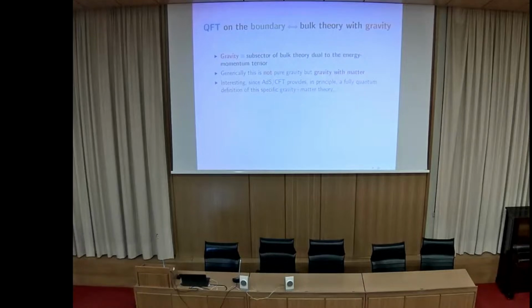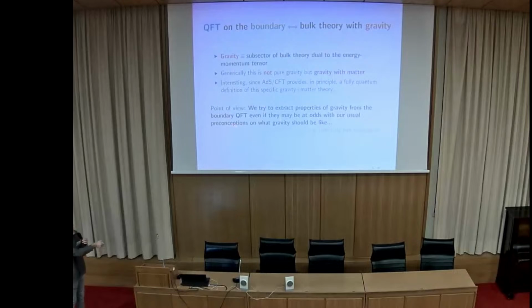So it's far from obvious if pure gravity indeed exists, and of course there have been works on problems with pure AdS-3 gravity, starting with Witten and so on. Here we would like to just try to extract properties of gravity from the correspondence, even if they turn out to be completely at odds with our usual assumptions about gravity.